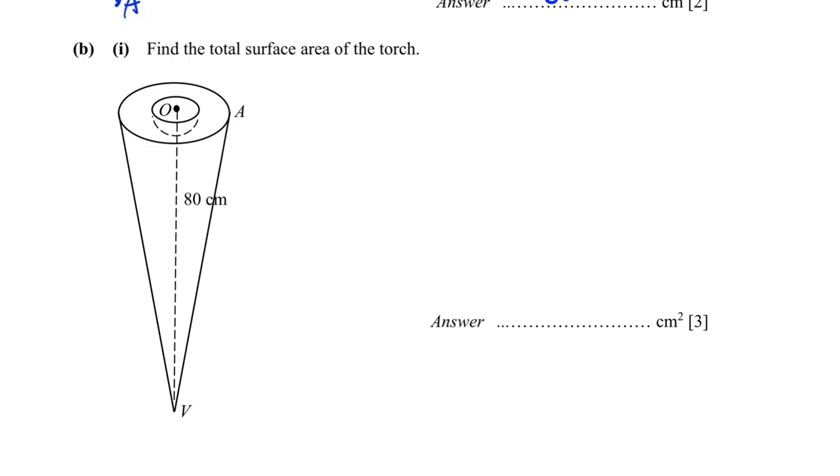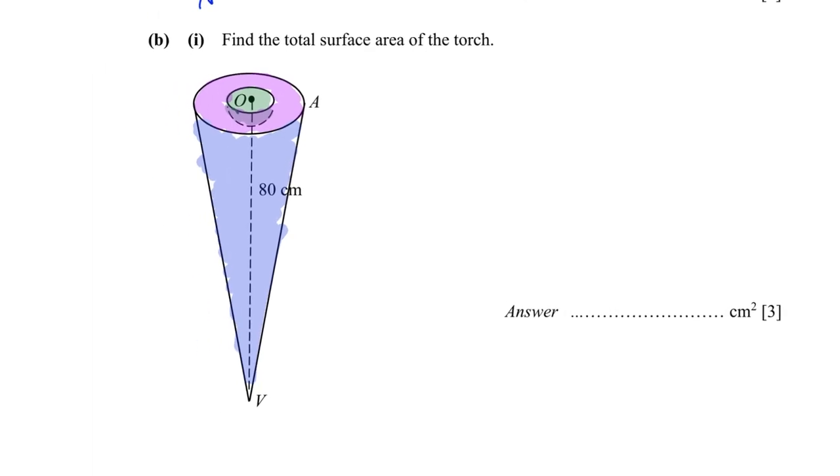The first one is the curved surface area inside here. The second one is the ring that you see. And the third one is the curved surface area of a cone. Alright, so there are 3.